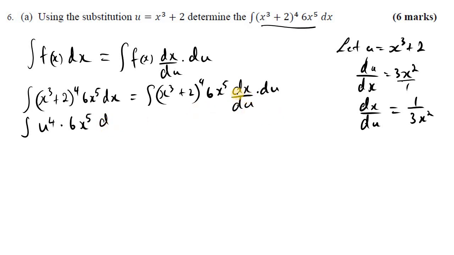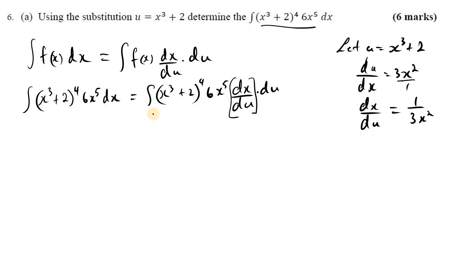So what we're going to do, we're going to replace this dx with respect to du, with what we have here. Notice I have dx with respect to du is 1 over 3x squared. So I'm going to replace that dx here with, let's go back over this, let's make sure we got that.